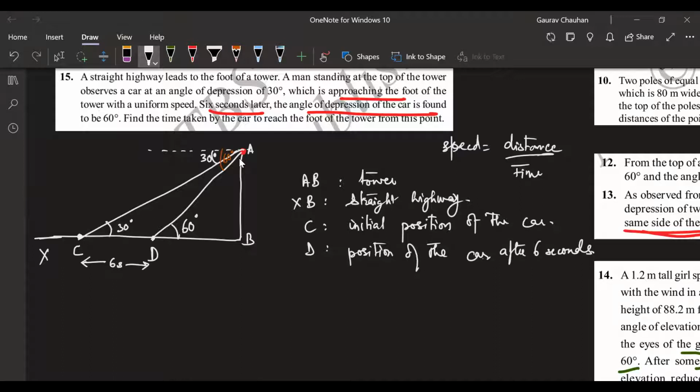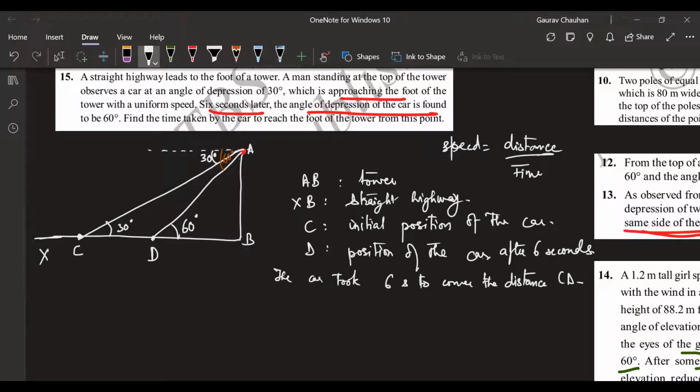Let's write it like this: the car took 6 seconds to cover the distance CD.